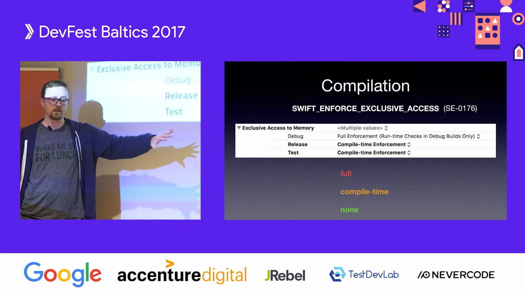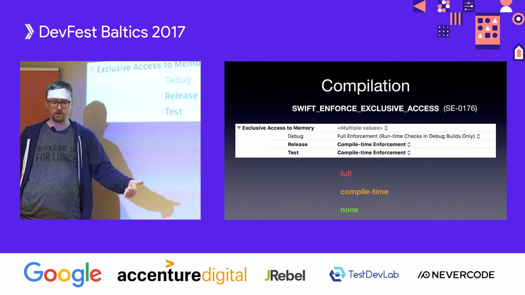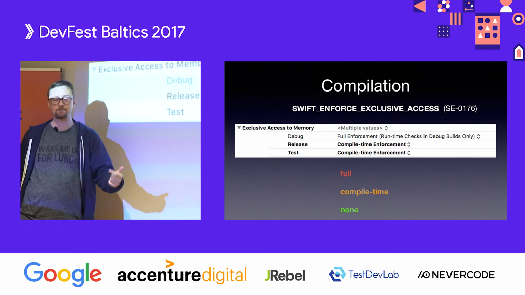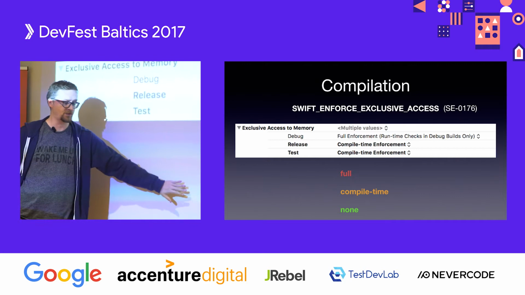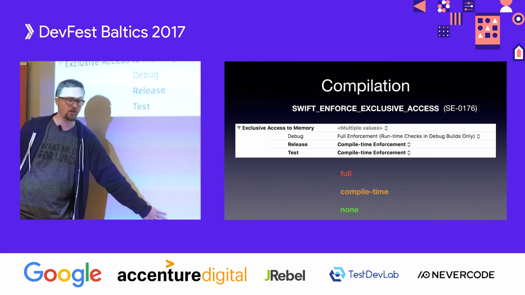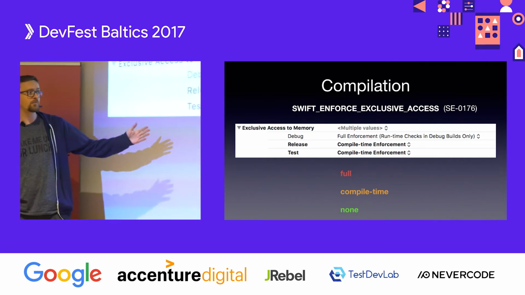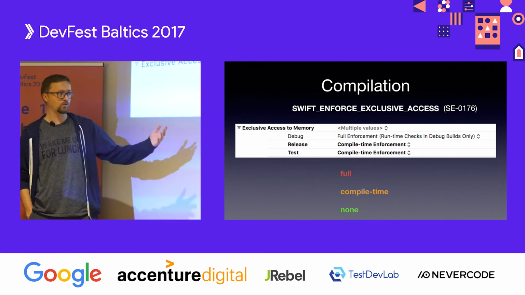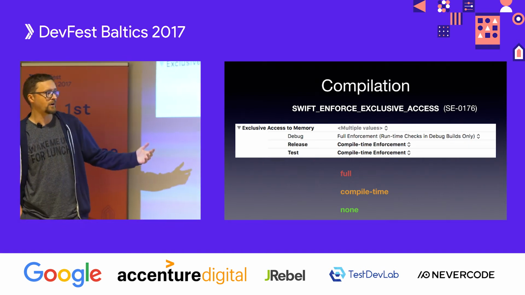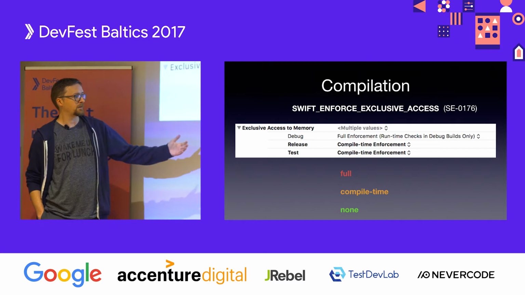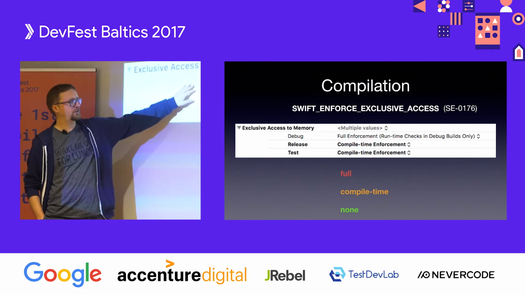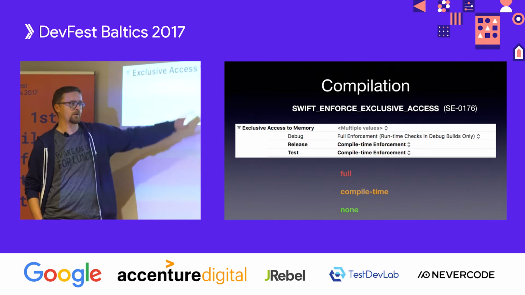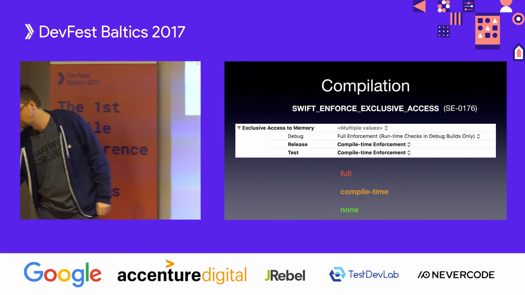Full check is a static check during compilation plus a runtime check. We can choose just a compile time check or nothing. I use compile time because I don't want anything during runtime. So I use just static checks, although by default it is, I think, full enforcement.